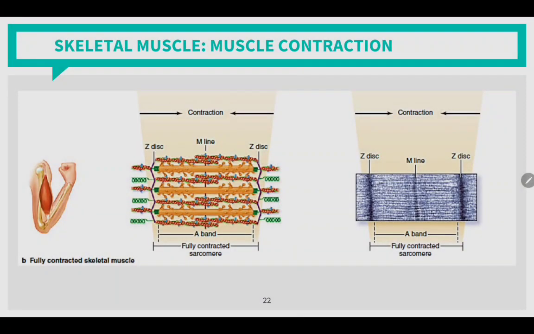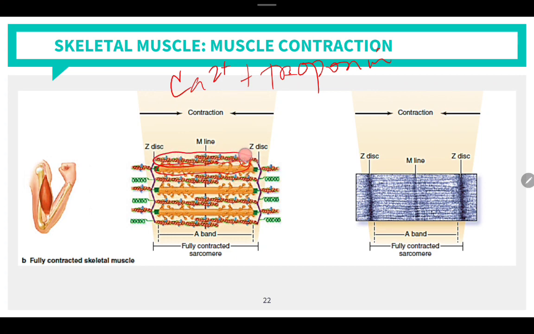When there is contraction, when calcium plus troponin are present, the thin filaments will now make contact with the thick filaments. By the way, these are the thick ones and these are the thin. They will form a twist and turn movement. As they do that, the A band will contract.